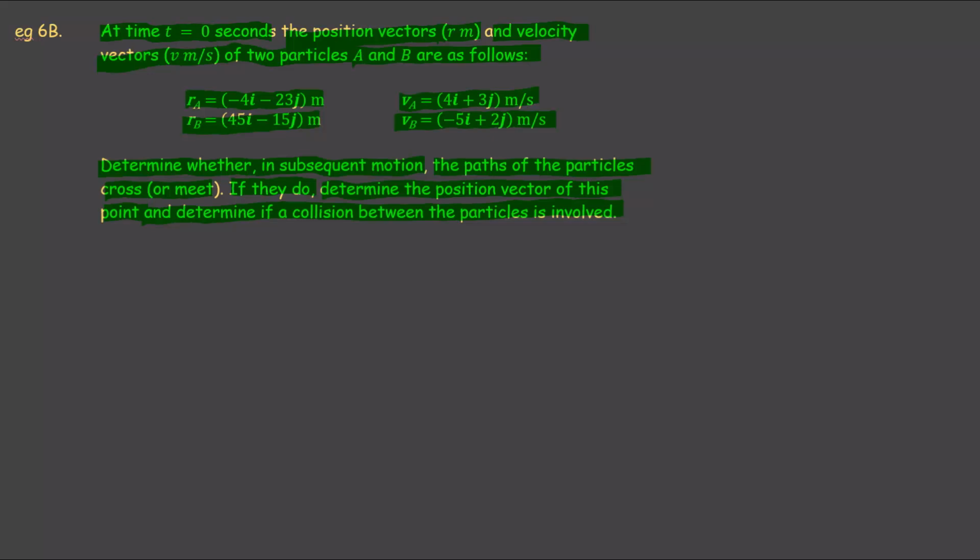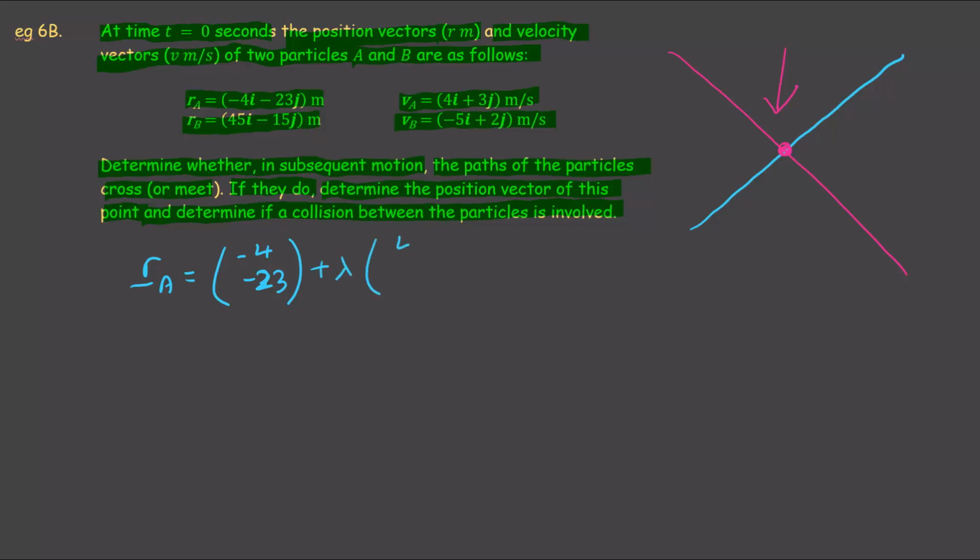So consider the situation. This is one path, this is another path. We're interested in whether the paths cross. For the particles to actually collide, they would need to be at this point at the same time. So if we look at A, we're going to say that's negative 4, negative 23, plus lambda times 4, 3.